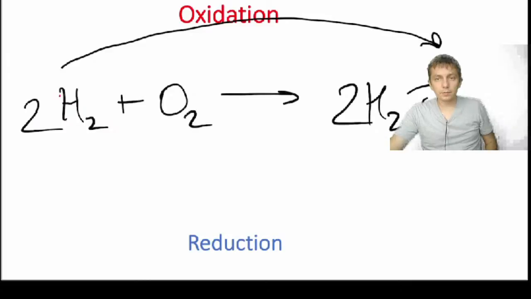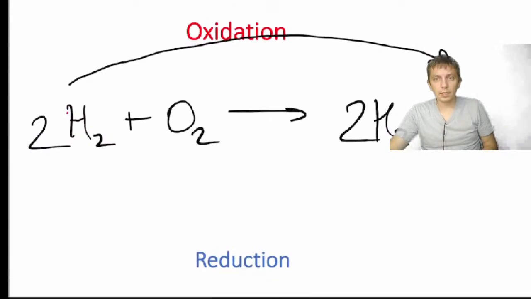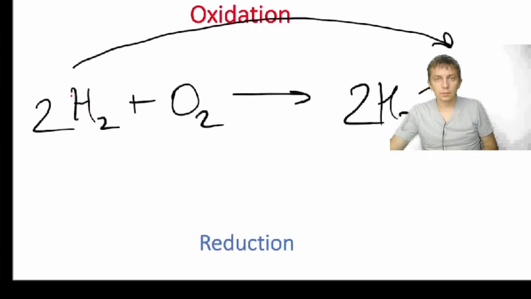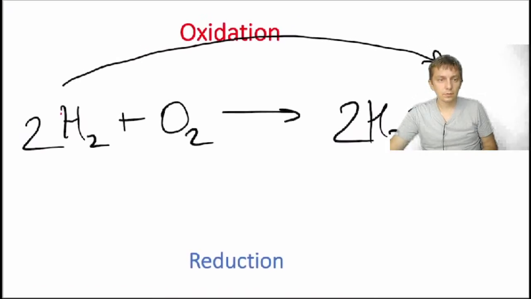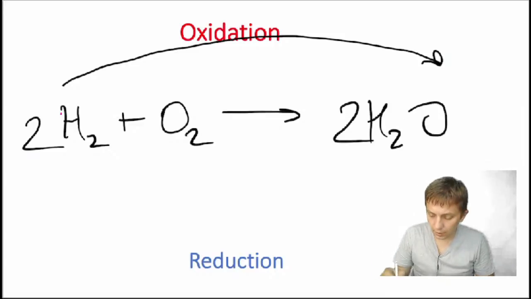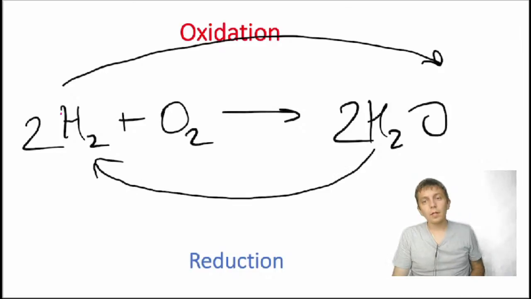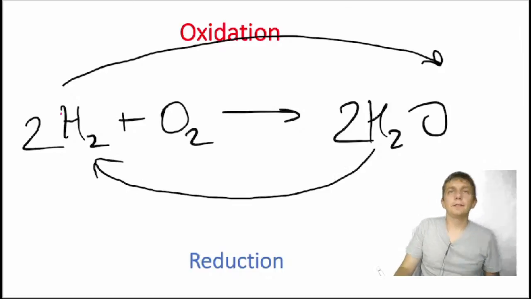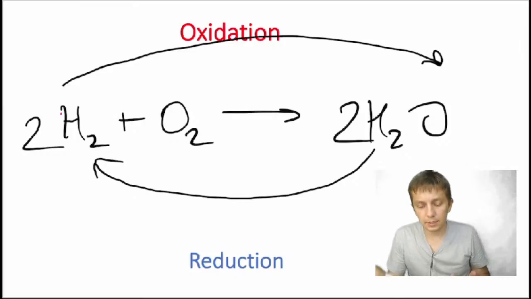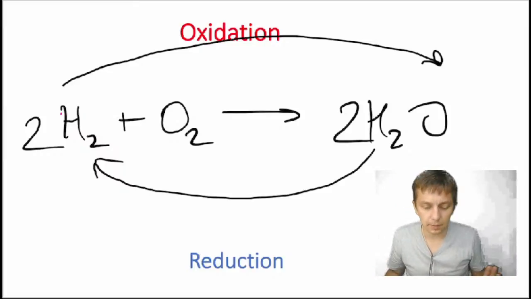At the same moment, this process is reduction for oxygen in water. So any real chemical process is reduction and oxidation at the same moment. For some elements it's oxidation, for some elements it's reduction.